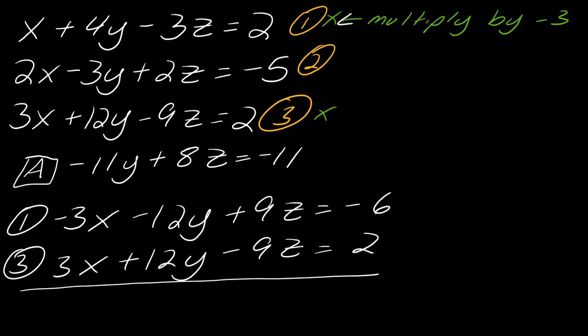And so now you'll notice as you add down, the x's drop out, the y's drop out, and the z's drop out. So once again, I'm left with a 0 here, but then I've got negative 6 and 2, so this equals negative 4. This is something I just want to point out: sometimes as you're going through this, you might get one equation that actually worked out, but the other one could have something like this, either 0 equals 0 or 0 equals negative 4.